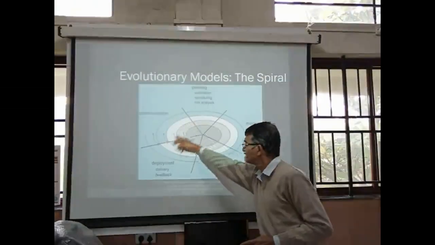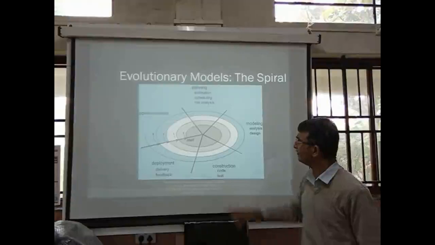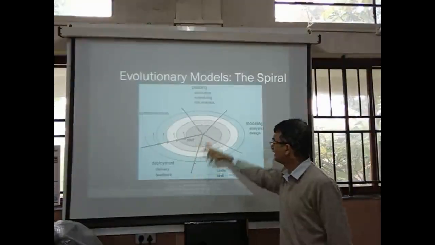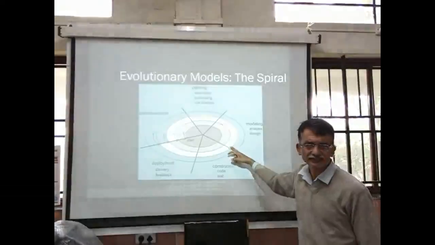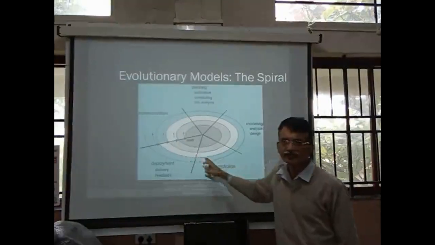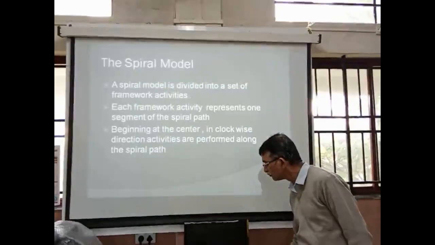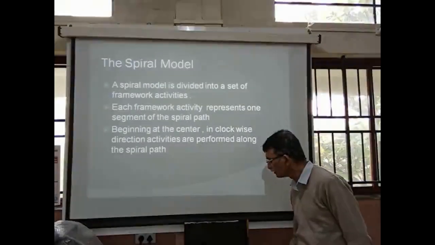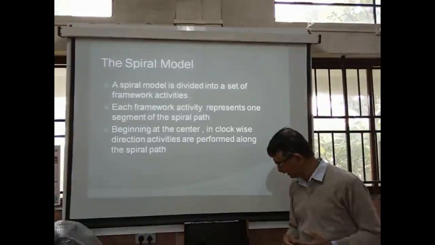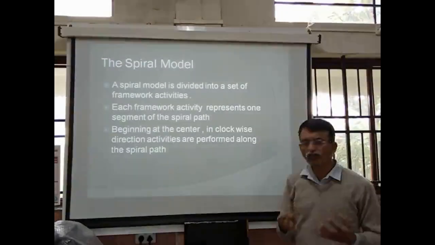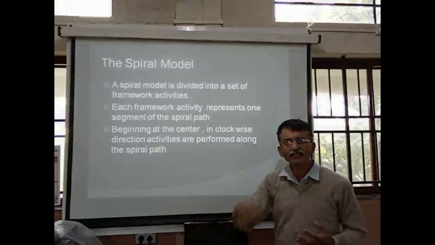For example, this segment represents communication activity, this represents planning, this segment represents modeling, this represents construction, and this represents deployment. Beginning at the center in clockwise direction, activities are performed along the spiral path.